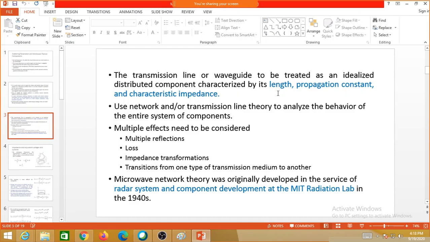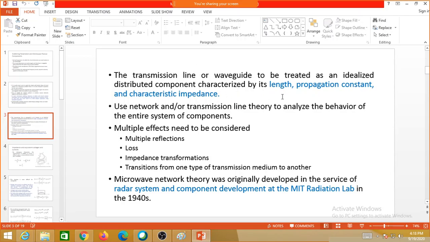As I said, if you go for higher frequency, the phase delay which we neglected at the lower frequency, we need to consider at the higher frequency, because the length of the transmission line gives the path traveled by the wave in terms of phase. So that phase delay we need not neglect at the higher frequency.